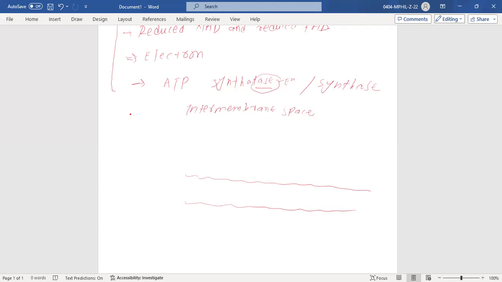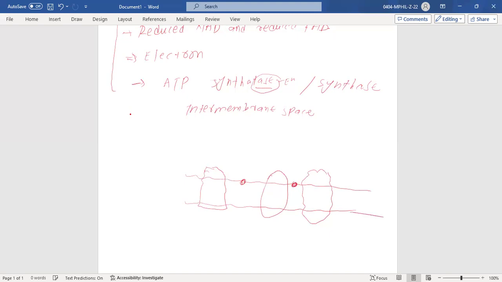There are some carrier proteins here. We can mention those carrier proteins like this. This is one. There is another, small in size. There will be another protein like this. We'll have another protein carrier, again a small protein structure here.